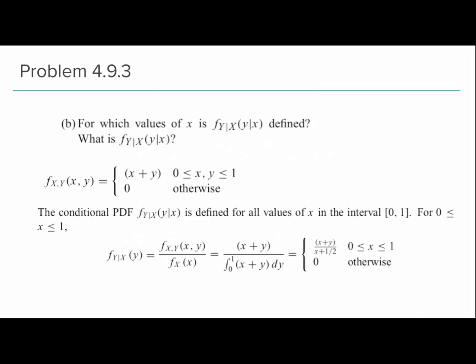So this is similar to the previous part. This is basically x plus y divided by the integral of x plus y dy over the interval 0 to 1, and the final answer, similar to the previous part, comes out to be x plus y divided by x plus half for x belonging to the interval 0 to 1 and 0 otherwise.